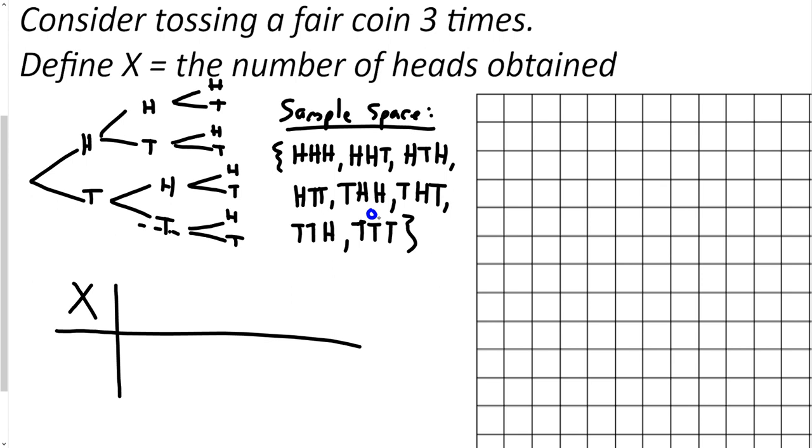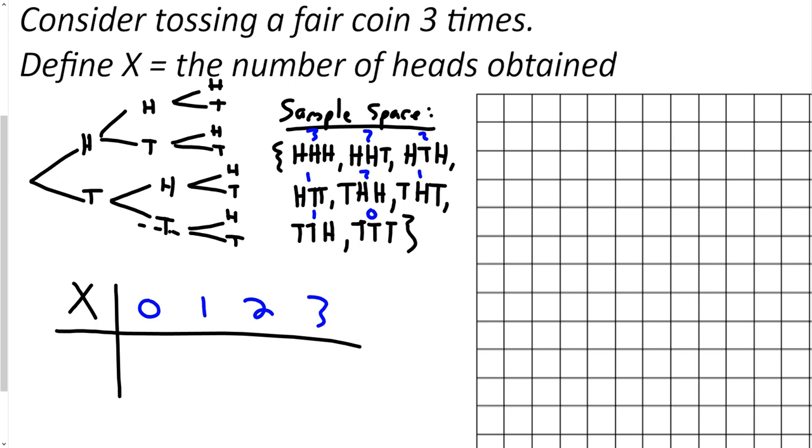You get 1 heads in here. Is there any other ones with 1 heads? Here's one with 1 heads. Oh, here's another one with 1 heads. You get 2 heads. We got 2, we got 2, we got 2, and you get 3 heads. So those are our possibilities for number of heads. So we're going to put those 0, 1, 2, 3.